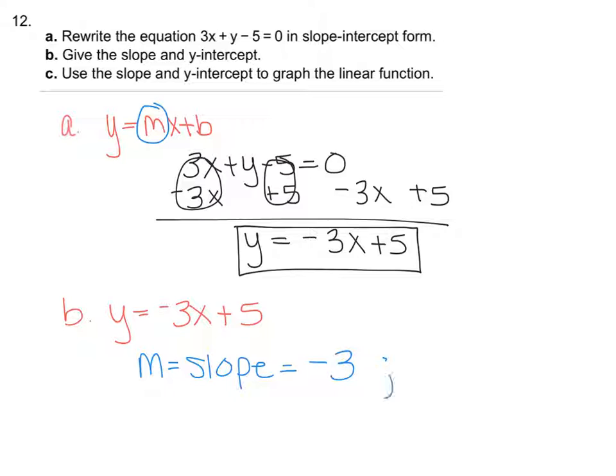And then my y-intercept is represented by the constant term, which is a positive 5. So my y-intercept is 5. We can also write the y-intercept as an ordered pair, which would be 0, 5.